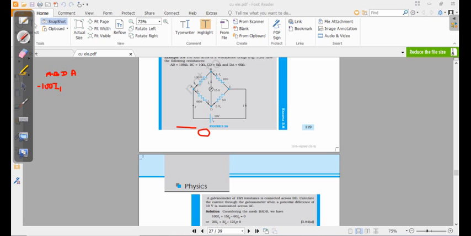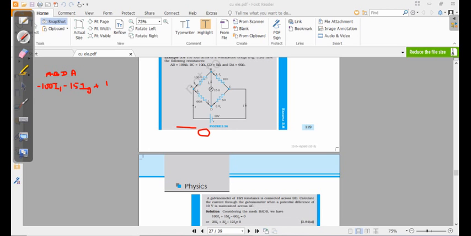Thereafter, when I move from B to D, again writing the loop equation, that is minus 15 into IG. Thereafter, moving through the loop from D to A, my direction and the current direction are opposite, therefore the sign will be positive.